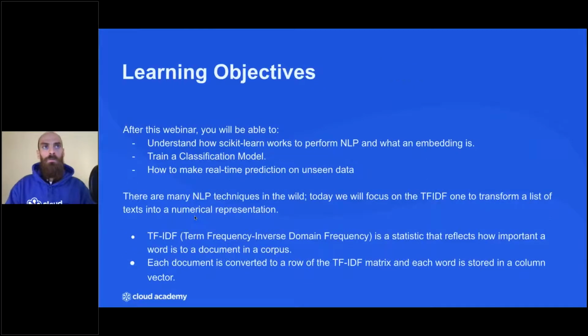So after this webinar, you will be able to understand how scikit-learn works to perform natural language processing and what an embedding is. This is a crucial concept when we speak about translating text into a machine learning pipeline, and we are going to get back to this concept in a few minutes. We're going to understand how to train a classification model.